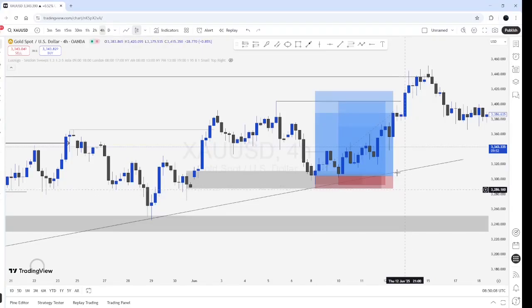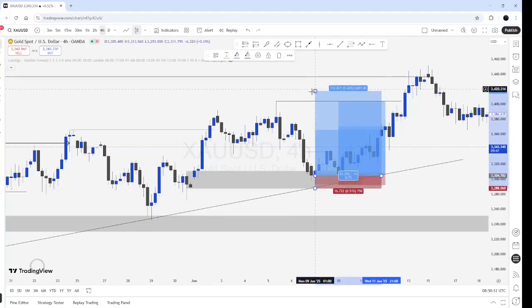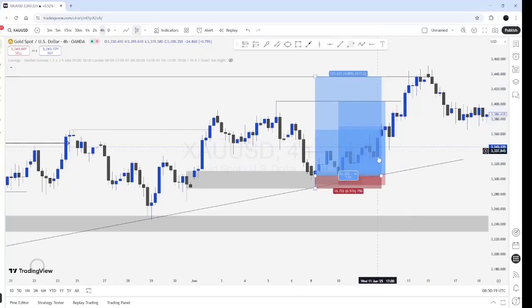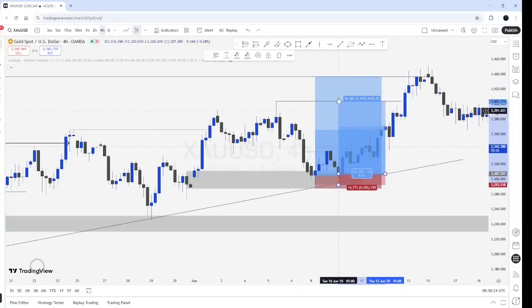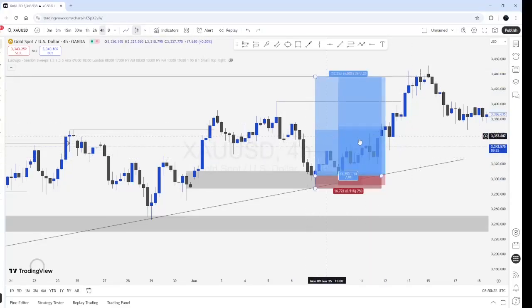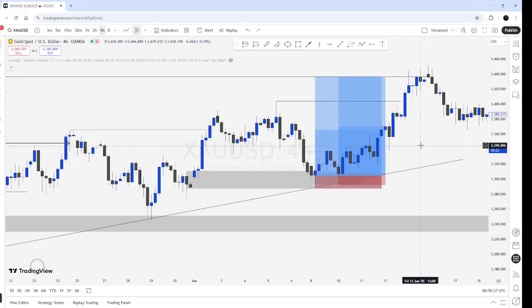But the 1 hour would have given you a more refined risk reward, because this is giving you 7.5, and this one, when you extend it to the same level, you get 8.7. So have you seen the way the smaller time frame is giving you more risk reward?